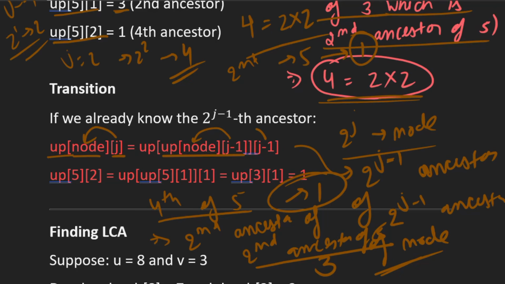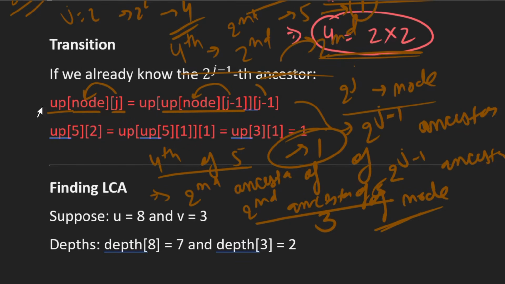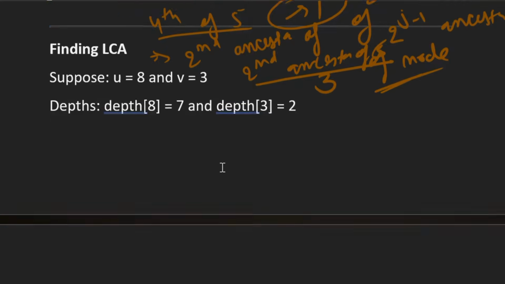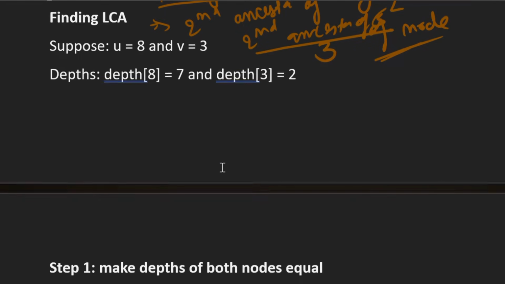If you have to find the fourth ancestor of the current node, we get the second ancestor of the current node and then take the second ancestor of that node. This way we are splitting the level. So this formula helps us to build the up 2D array. Once we get the up 2D array, we'll use it to find the lowest common ancestor.